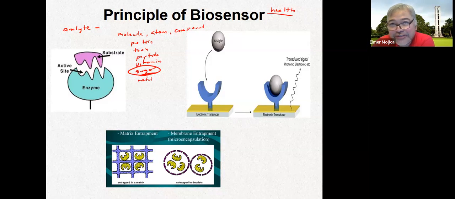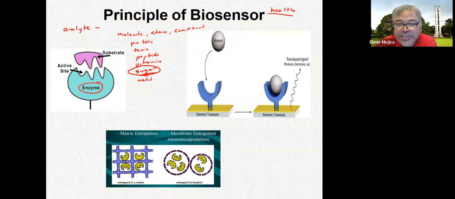I could say, okay, if I'm looking for a sugar, is there a biological substance that when it interacts, there's a reaction, and possibly the interaction that they have would generate a signal. If you have an enzyme, usually it targets a particular substrate. So kahit ilagay mo ng ibang component, the enzyme is going to be specific to a particular substrate.